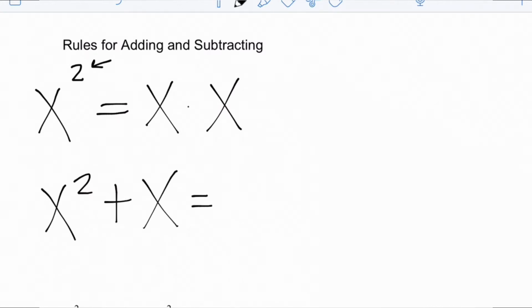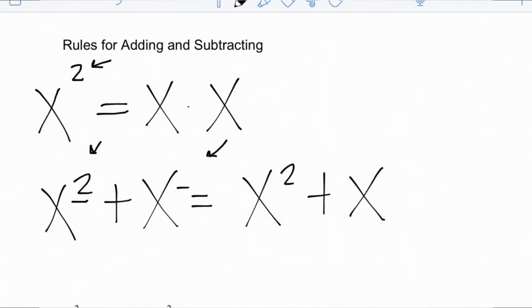Well, that equals x squared plus x. We cannot add these together. And the reason we can't add them together is because they don't have the same exponent. So here we have an exponent of 2, but in this one, there is no exponent. That means there's an invisible 1. If they do not have the same exponent, we cannot add them together.